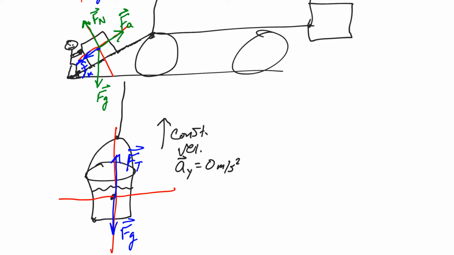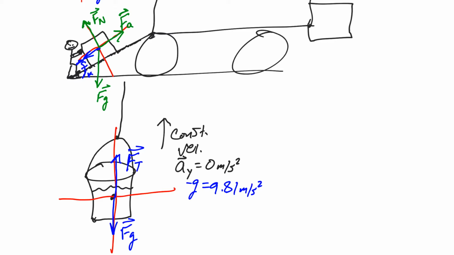Now, since the acceleration is 0, like normally if it was just gravity acting on this, the acceleration would be negative 9.81 meters per second squared, because that's what little g is. But in this case it's 0.